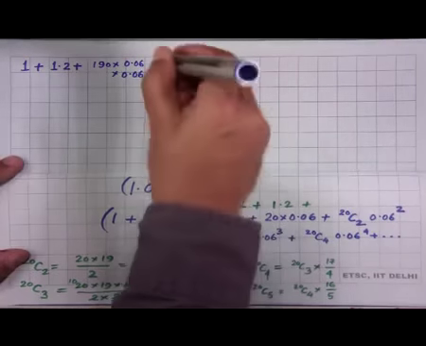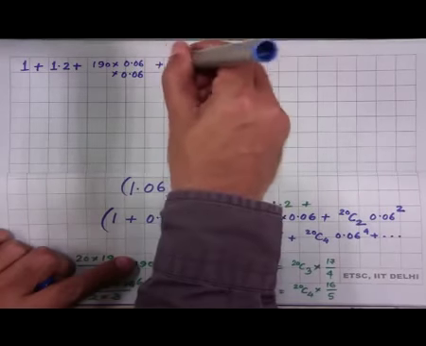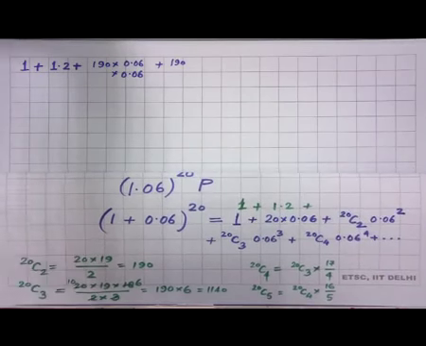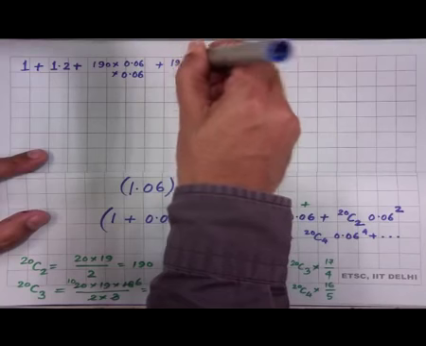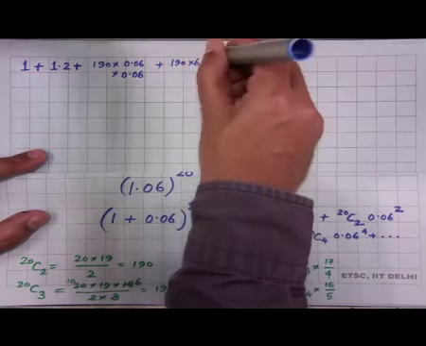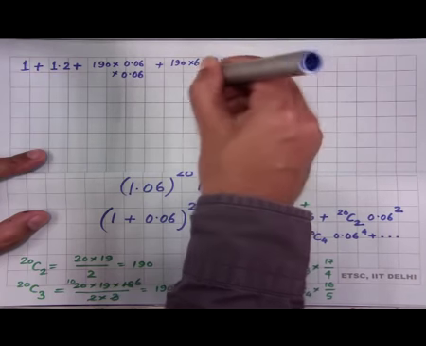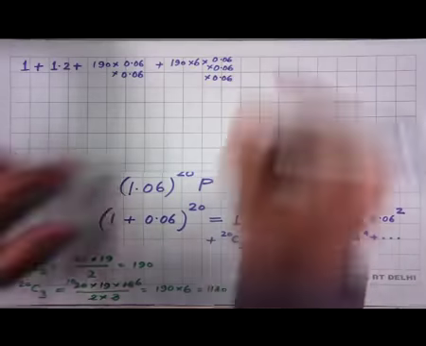And then the next term is going to be 190 into 6, into 0.06 into 0.06 into 0.06, okay.